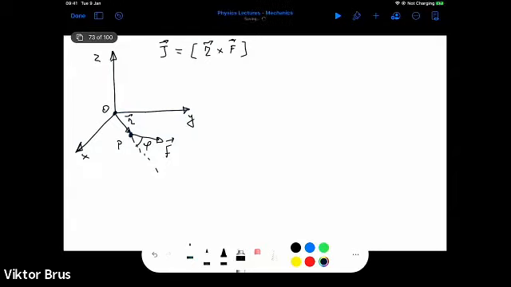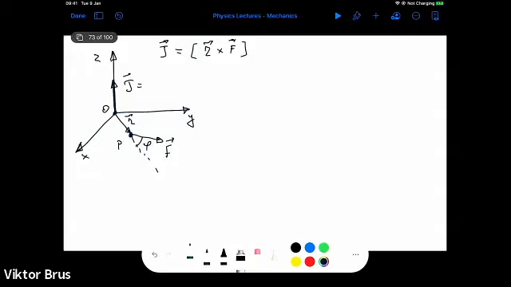Taking into account the orientation of vectors r and F, we can see, based on the right-hand rule, that our torque vector will be directed along axis z.